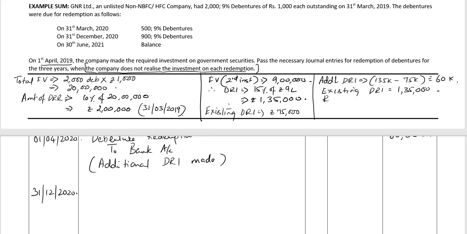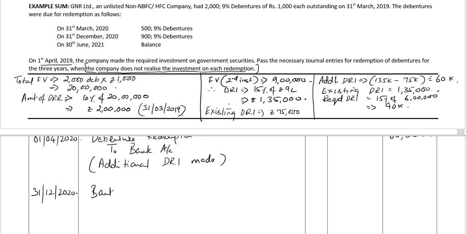The required DRI for the next year is 15% of the face value of the third installment to be redeemed, which is 600 debentures, comes up to 6 lakh rupees. So it's 90,000. So we need to sell the difference of 45,000 DRI.